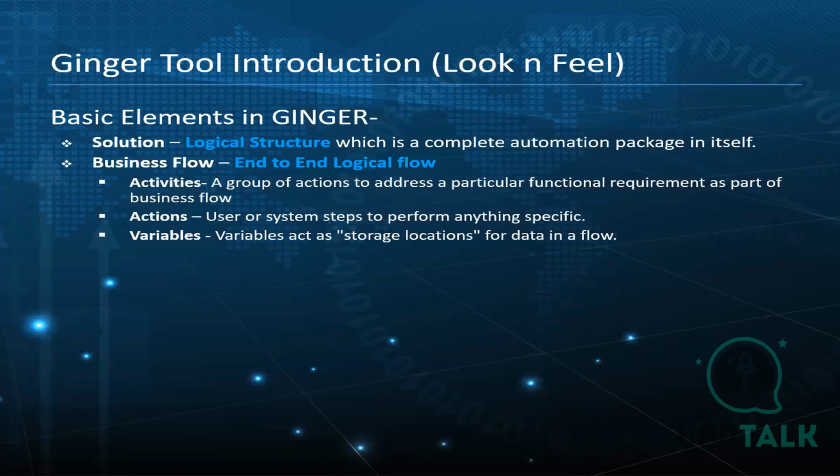Instead of that, we will put it into a variable so that the variable will be used at all the places, not the hard coded value. We should not use any hard coded value, because if you are hard coding something, you need to change it at every place. Instead of that, if you put it into a variable, you just update the variable, and that variable value will automatically get updated in all the places.